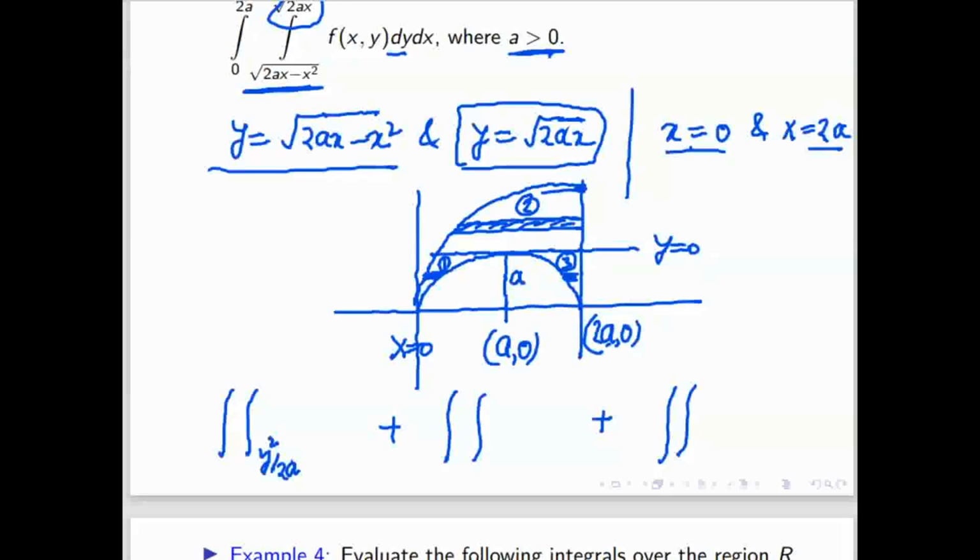That means you have to solve this. It will give y square equal to 2ax minus x square.